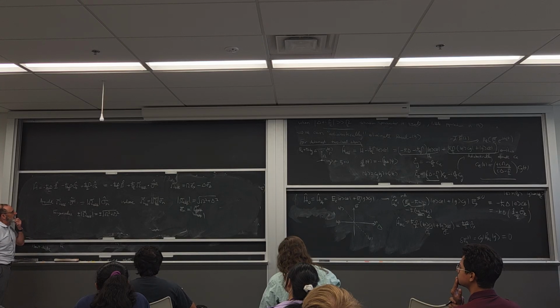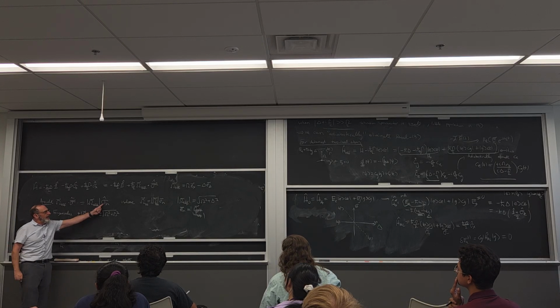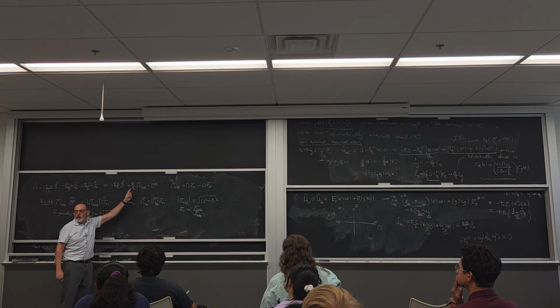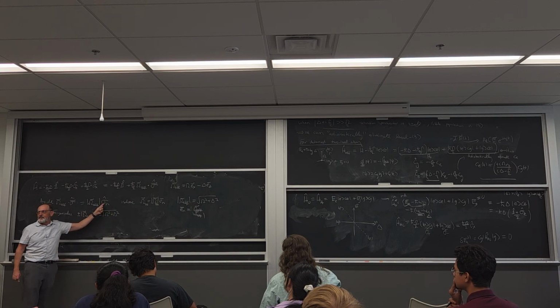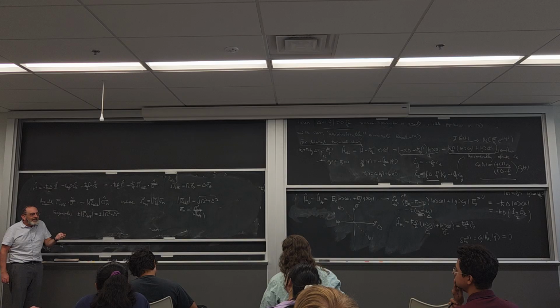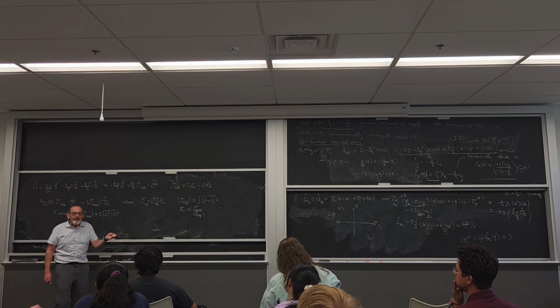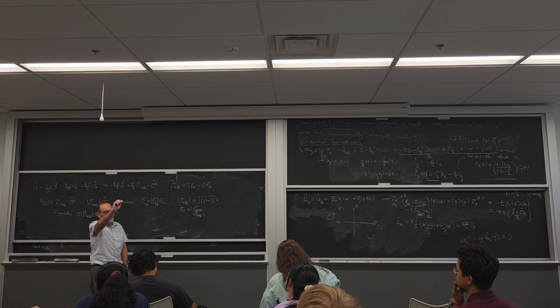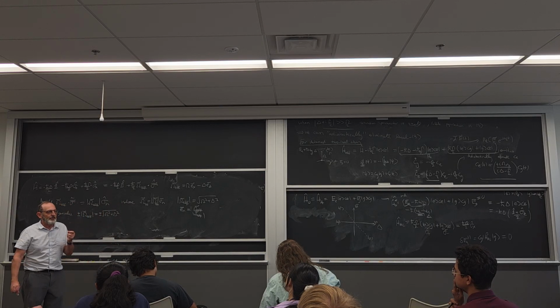Is there a 1/2? There's a 1/2 over here, but the Paulis have eigenvalues plus or minus 1. Okay? So this operator has these eigenvalues. Because whether it's sigma x, sigma y, sigma z, sigma in any direction in space, their eigenvalues are plus or minus 1.